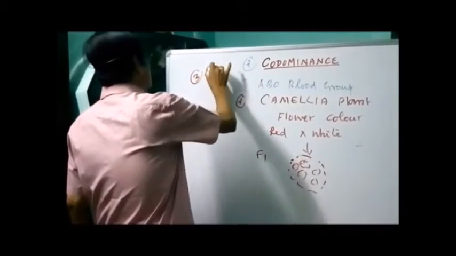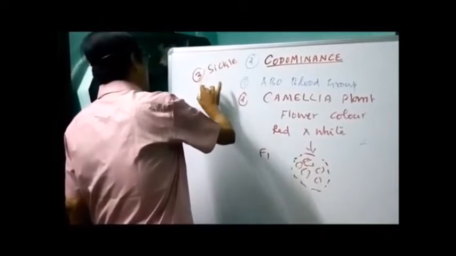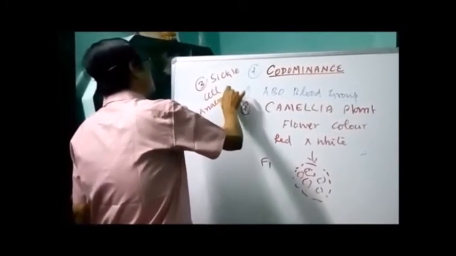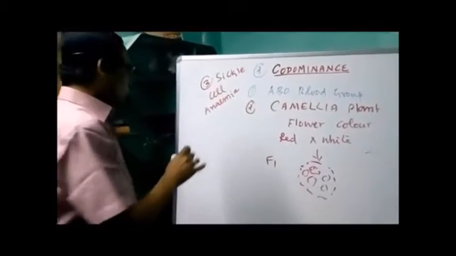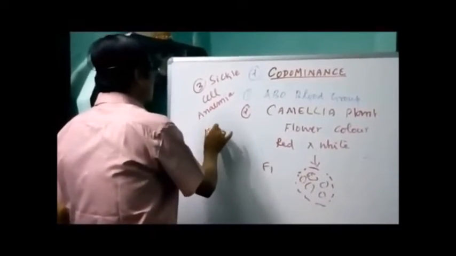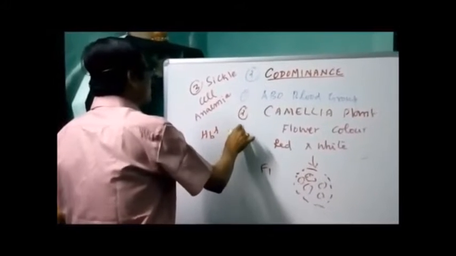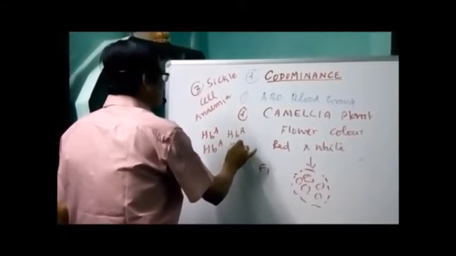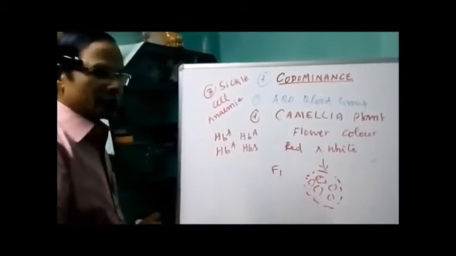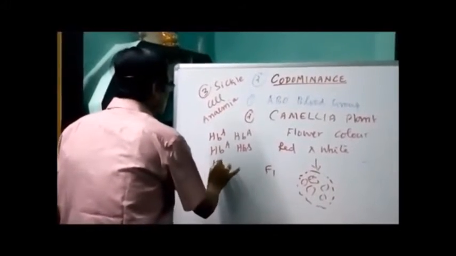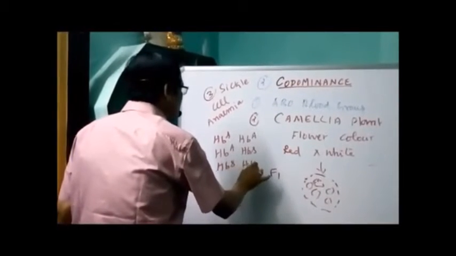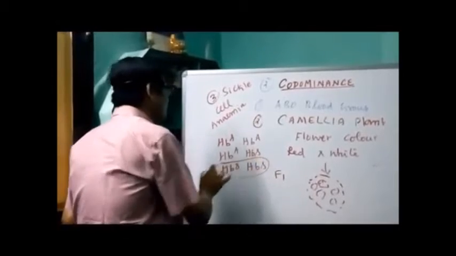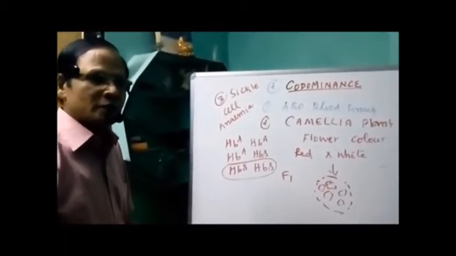The third example is sickle cell anemia. In sickle cell anemia, we have a normal person, which is one genotype. Another is the heterozygote, the heterozygous condition. The third is the sickle cell condition, where the person dies because of the homozygous recessive condition.